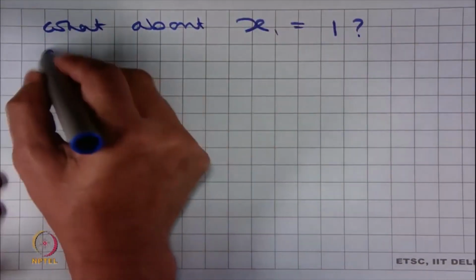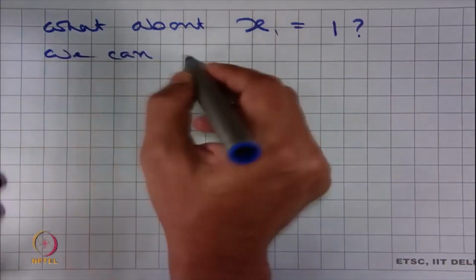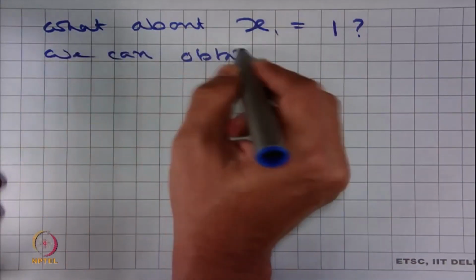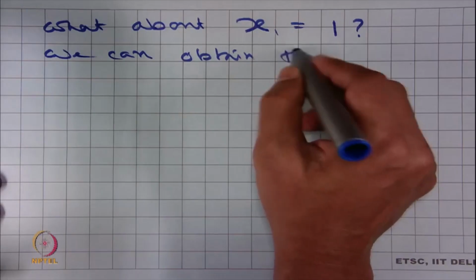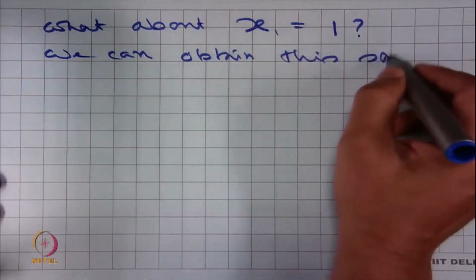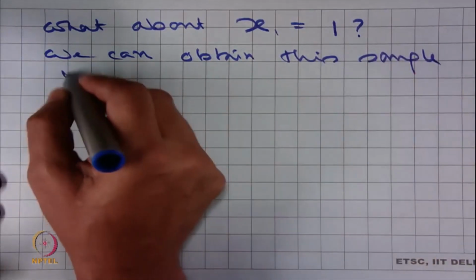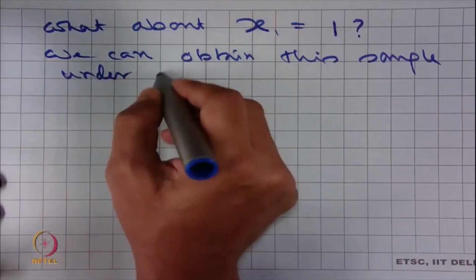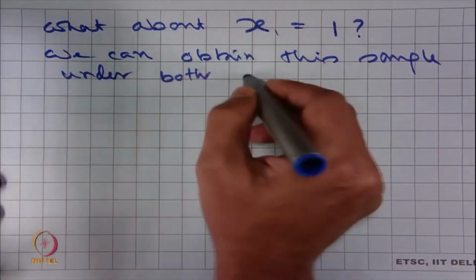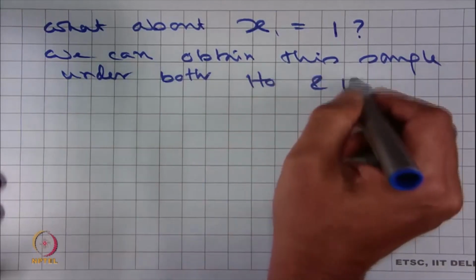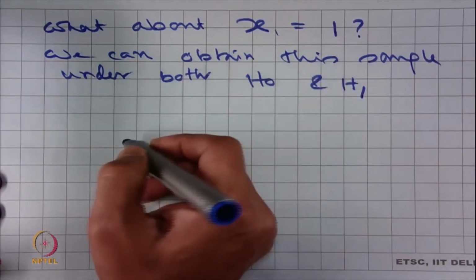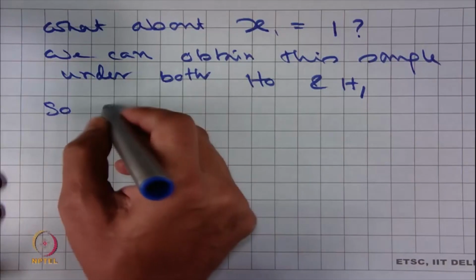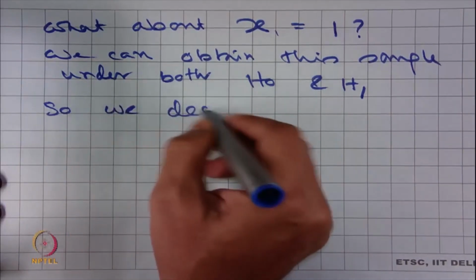We can obtain this sample under both H naught and H 1. So, we decide as follows.